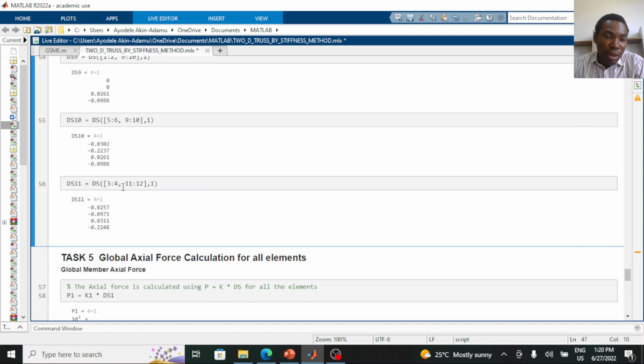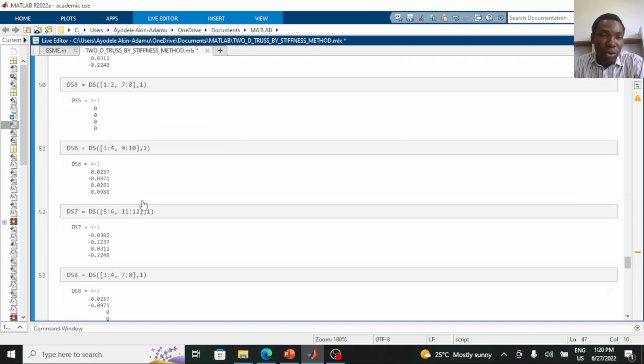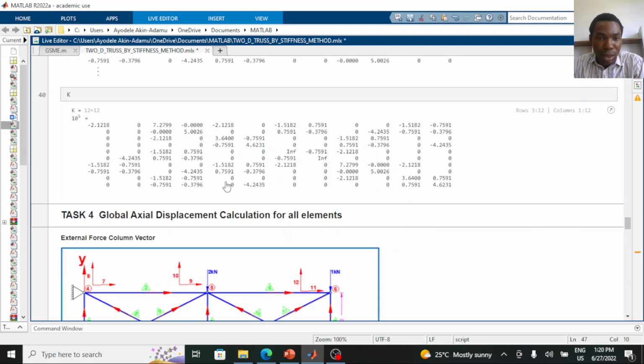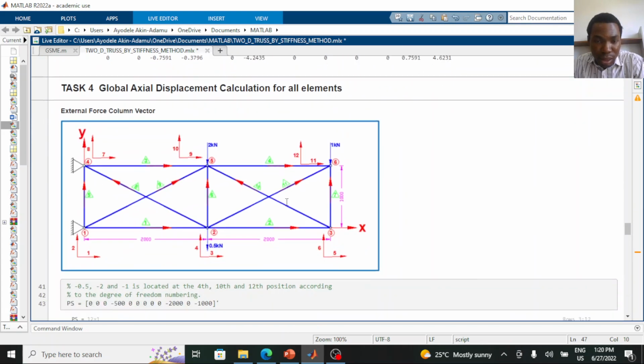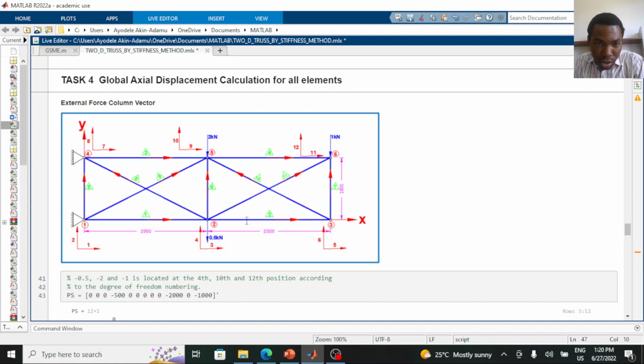And the 11th element, if you check, is located between node 2 and node 6. At node 2 and node 6, we have degrees of freedom 3, 4, and 11, 12. Because the arrow is pointing from node 2 to 6, we take the numbering of the degrees of freedom from node 2.